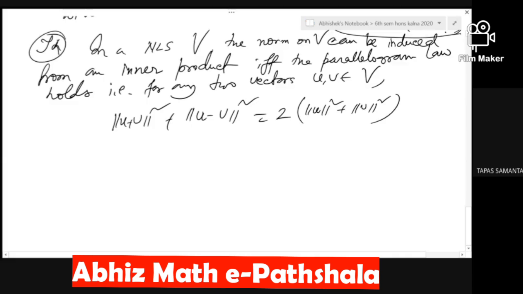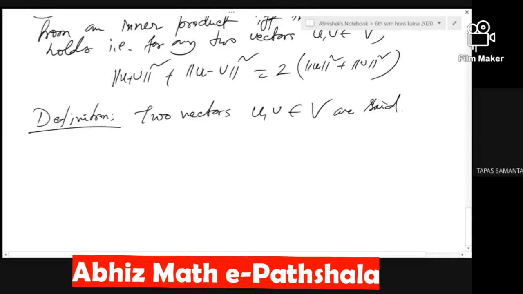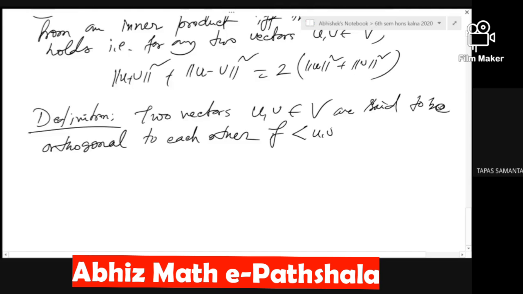So let us define. Definition: two vectors u comma v belonging to V are said to be orthogonal to each other if the inner product u comma v is 0.